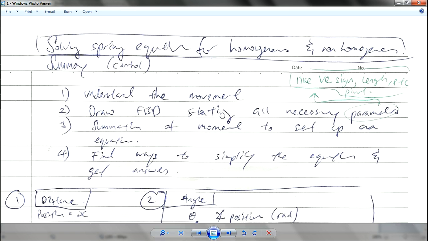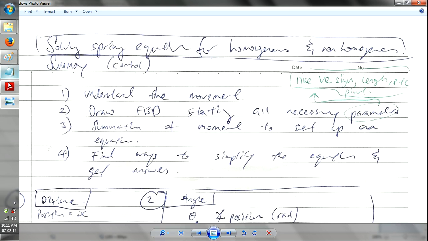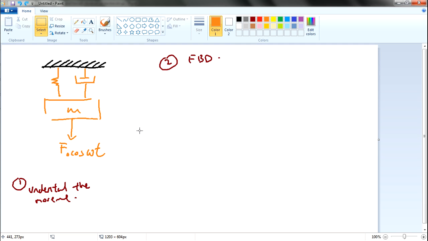Draw the free body diagram stating all necessary parameters, our sign convention, whether going downwards is positive or negative. And most importantly, the free body diagram states what the forces acting on the mass are.